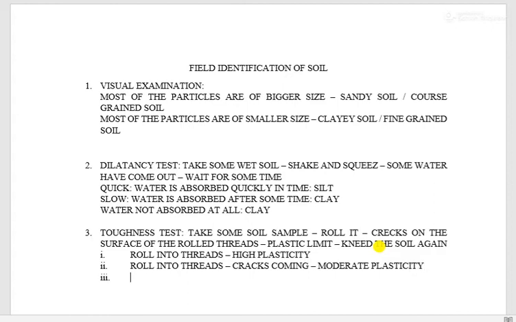If the soil cannot be rolled into threads at all after putting more pressure, then obviously the soil has low plasticity or low toughness.